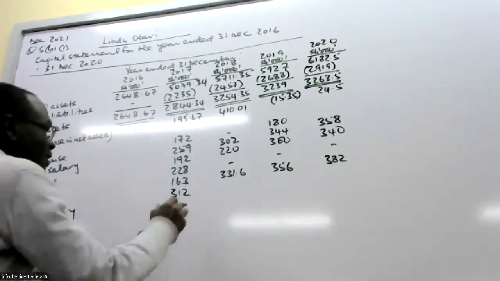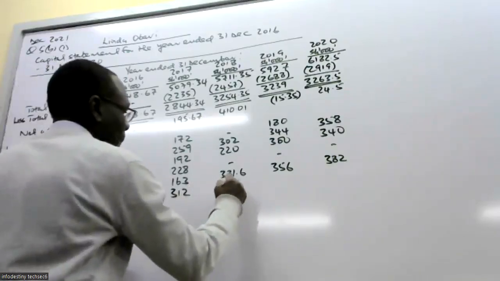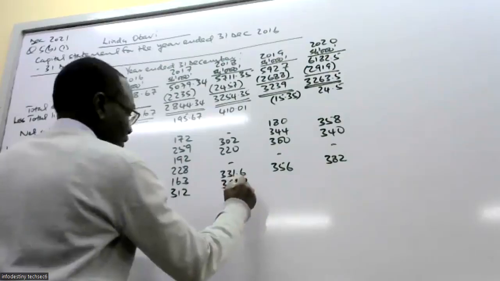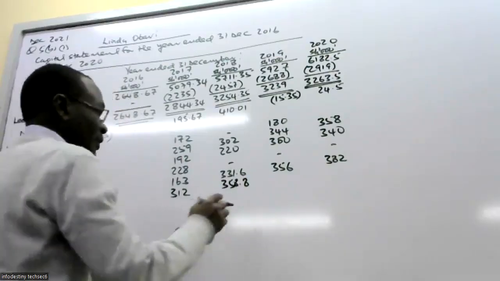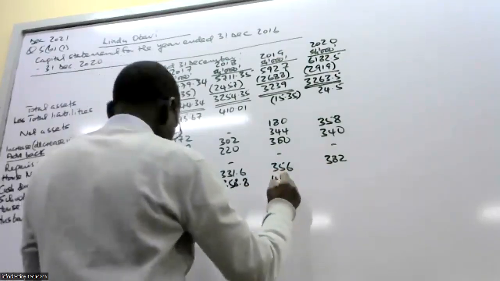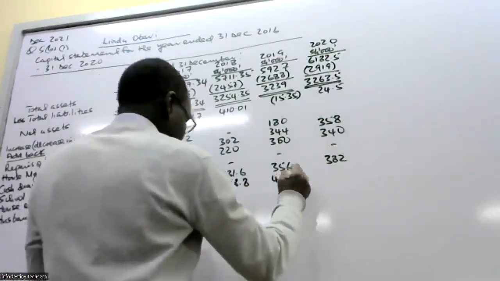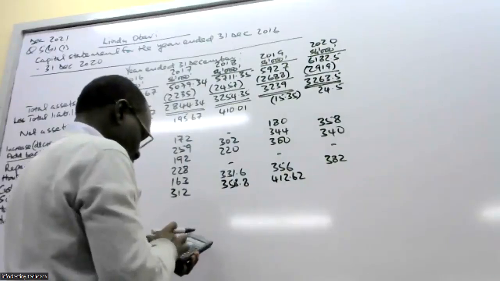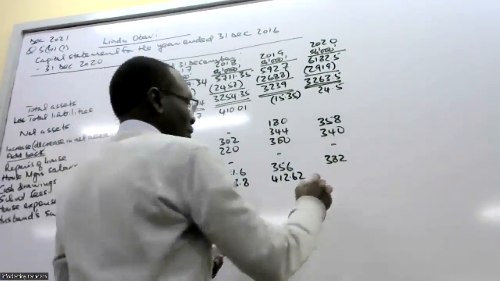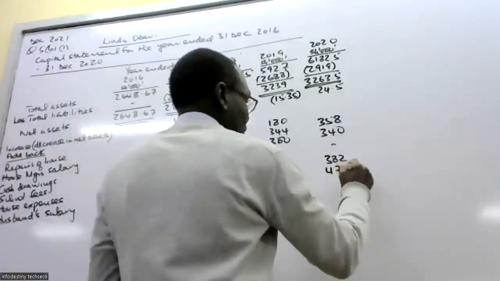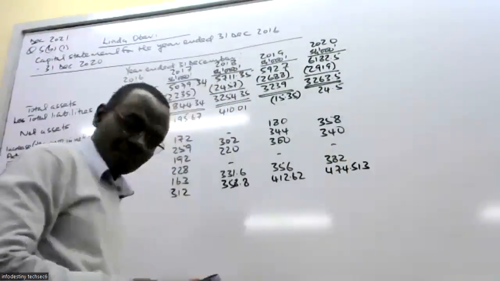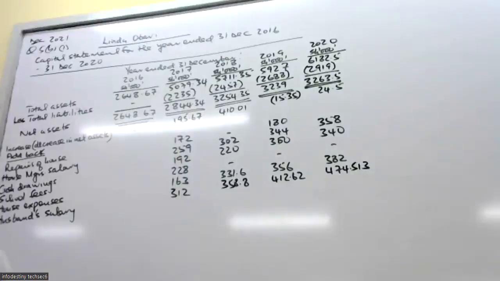So here is 358.8. And you have 412.62. And you have 474.51. So those are our add-backs.